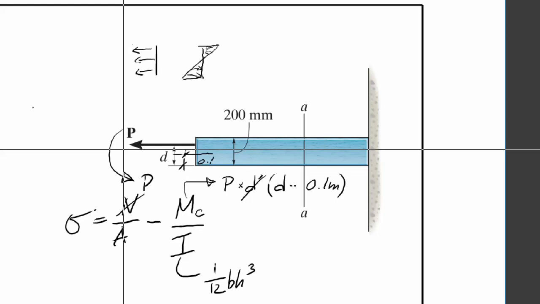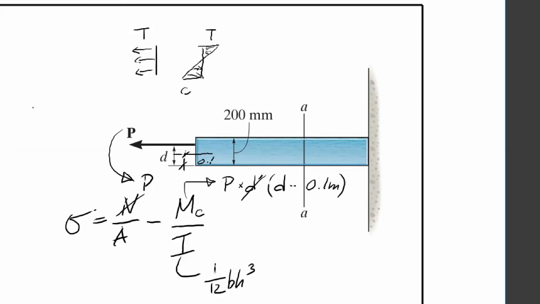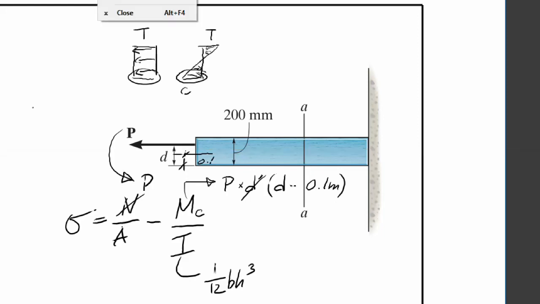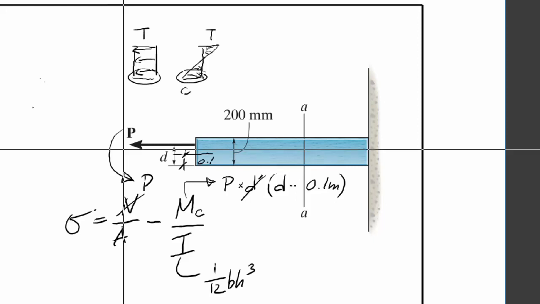If we say that this is tension and that is compression, it's saying that it doesn't want any compression, so that means the tension has to overcome the compression. That's the key, and that's what you're solving for.